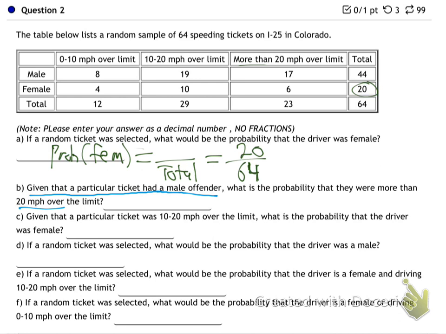So the bottom is going to be the total. What's the new total? The total becomes more limited, huh? It's not any person that's possible. What's the denominator going to be? The males, huh? The bottom is going to be the males. That's the total we're looking for. So how many males total? 44. 44 males.